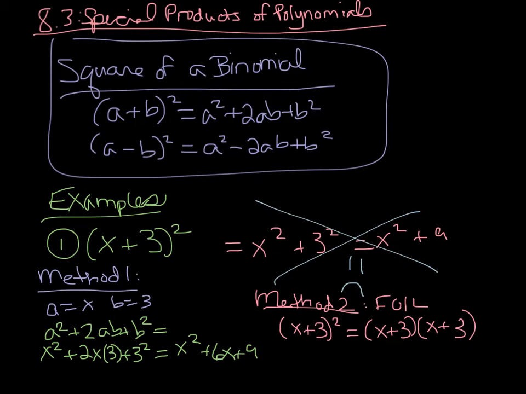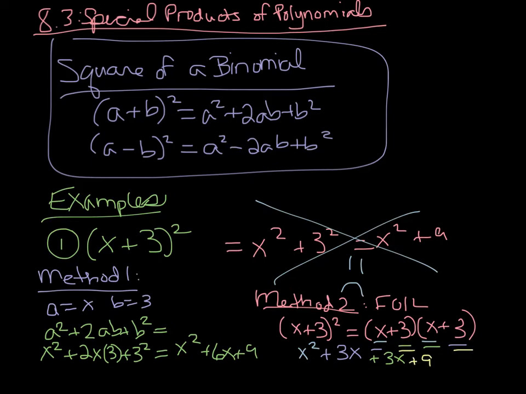You start by doing x times x, that gives you x squared. Then x times 3, which gives you plus 3x. You do 3 times x, you get plus 3x again. And then 3 times 3, which is 9, so you get plus 9.